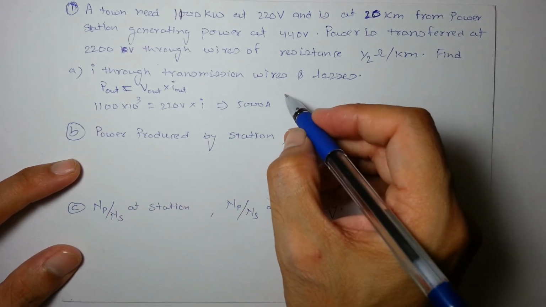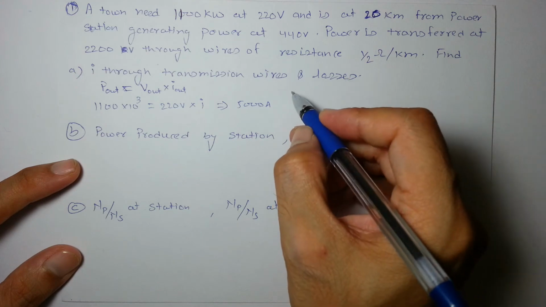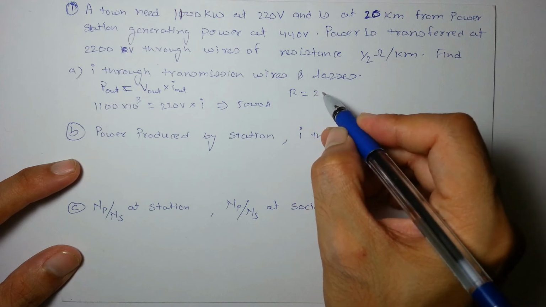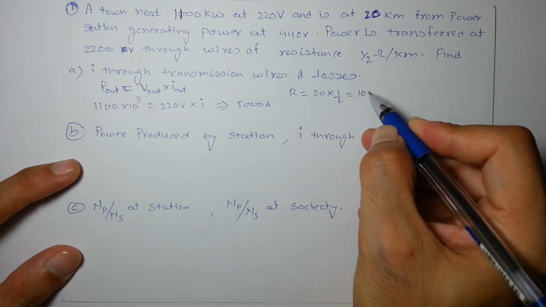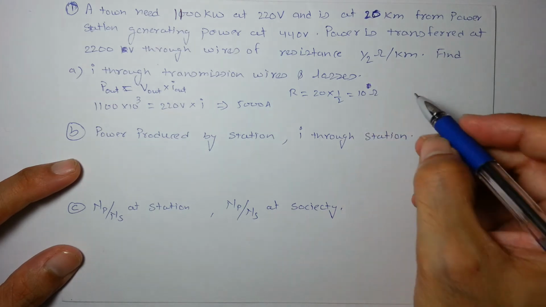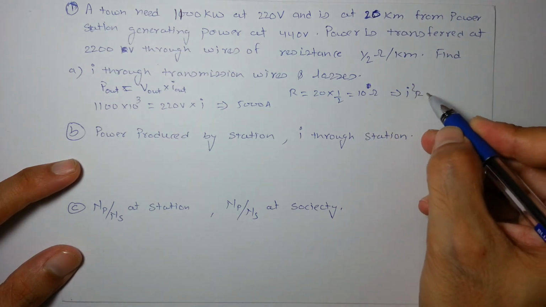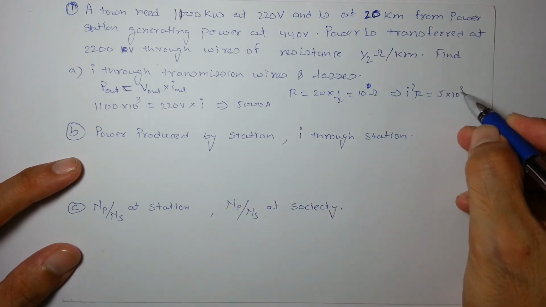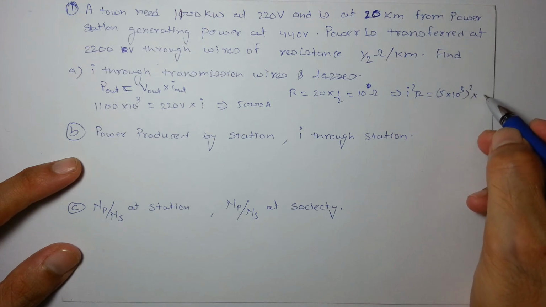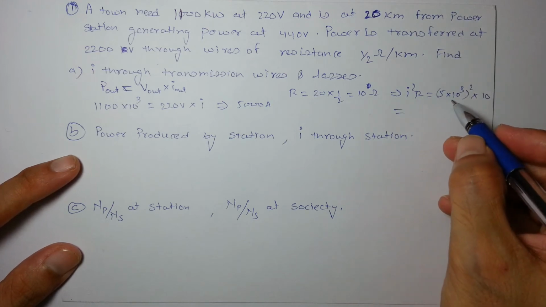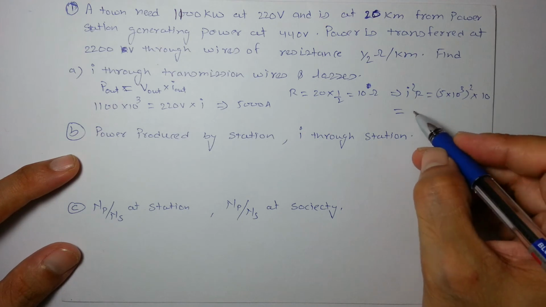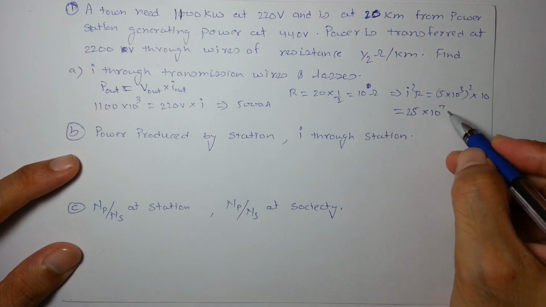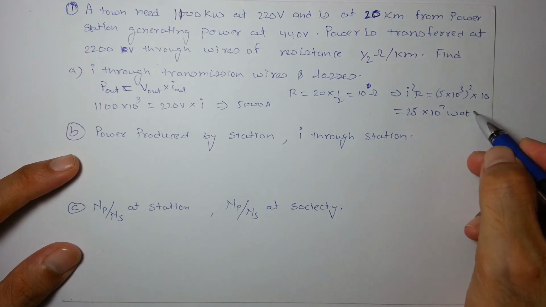And resistance will be for 20 kilometer, this half ohm per kilometer, 20 into half, that is 10 ohm. And I square R, I will say 5 into 10 to the power 3 square into R, which is 10. How much power is lost? We can say 25 into 10 to the power 7 watt power is lost.